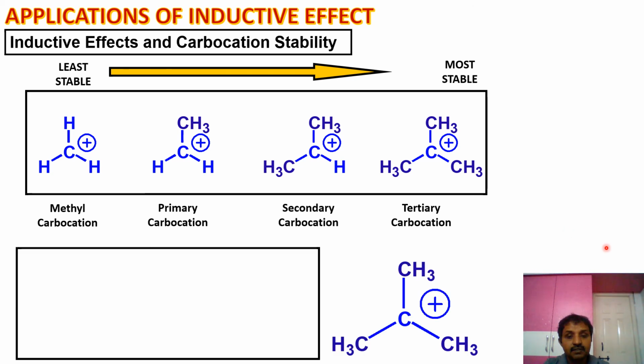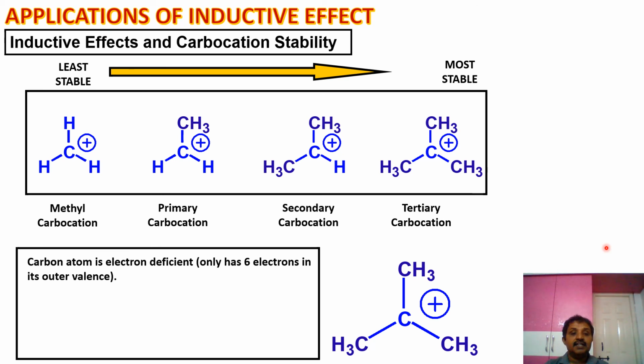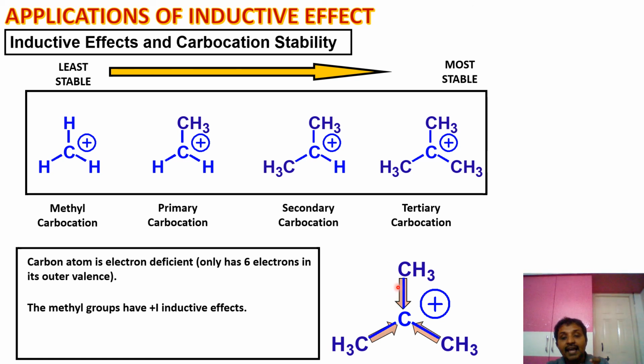Now next, the carbocation is electron deficient. It has only six electrons in its outer valence shell. The methyl group shows positive inductive effect. The methyl group is supplying electron density to the carbon atom.